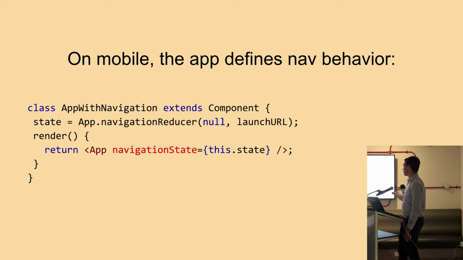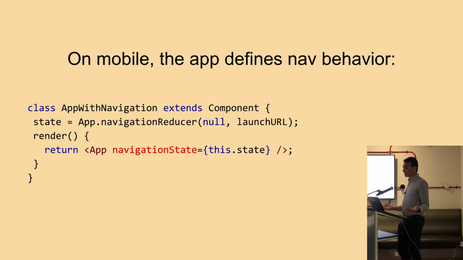In this case, it would sort of be available earlier in this module. And we're constructing the initial state for our app. And we're calling app.navigationReducer because the app itself is the only thing that knows the navigation state. The navigation reducer is a property of the app because it's sort of describing what the navigation state is going to be for this particular app.